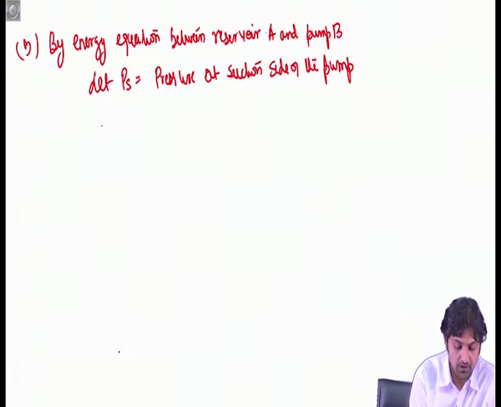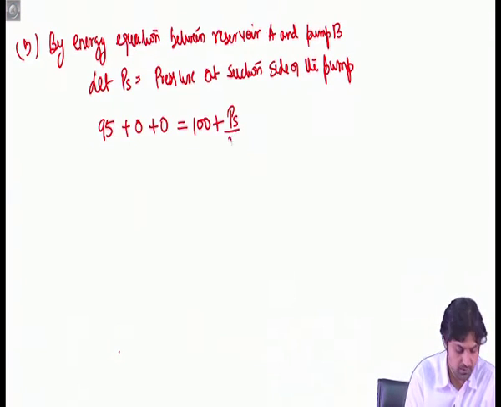Then we put the Bernoulli's equation: 95 plus 0 plus 0 will be equal to, the pump is at Z equal to 100, plus the pressure PS by gamma plus V1 square by 2G plus losses in the suction pipe.